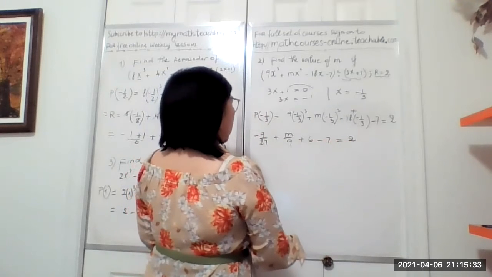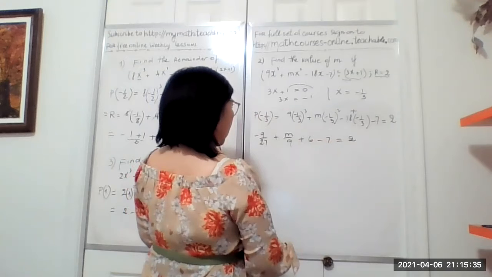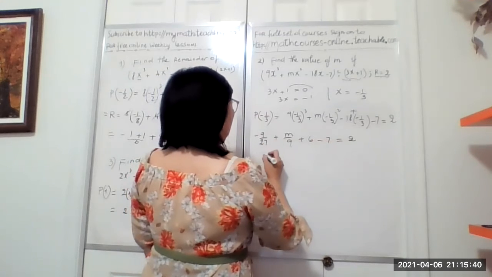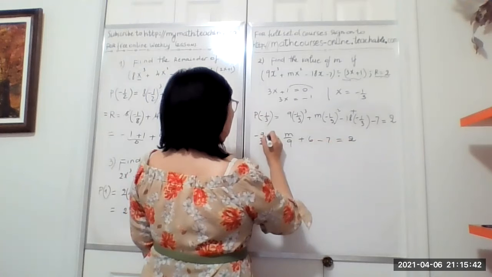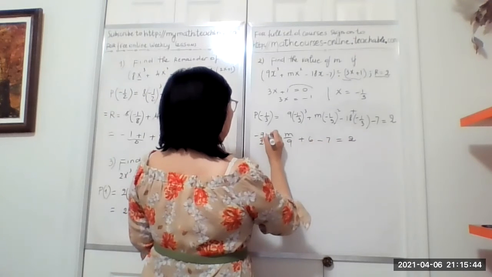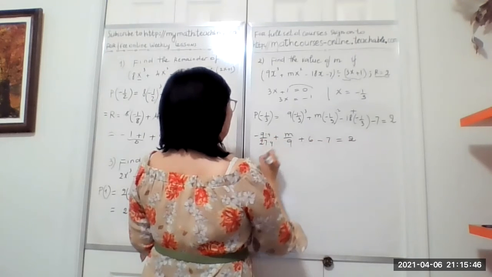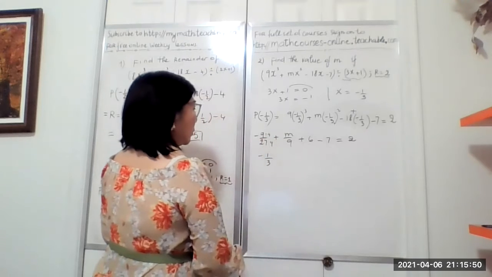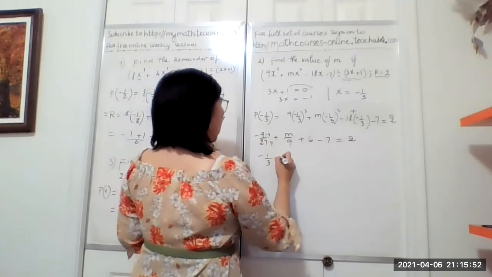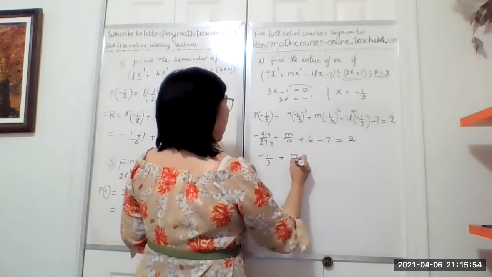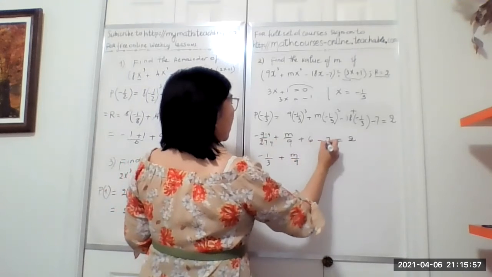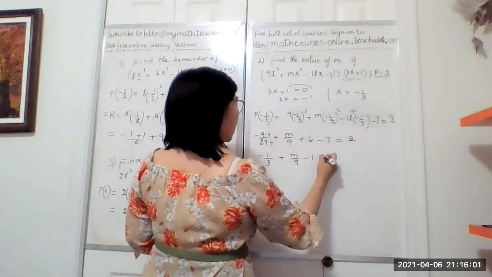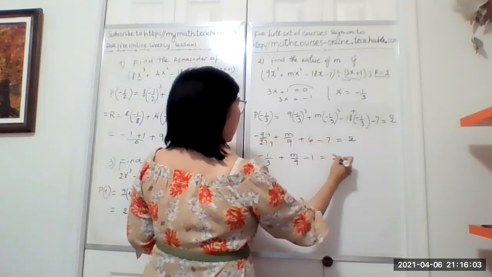So let's see how we're going to simplify this number. Okay, so let's reduce this by dividing this by 9 and dividing this by 9. So we have minus 1 third, adding m over 9. 6 minus 1 is minus 6, minus 7 is minus 1, equals 2.